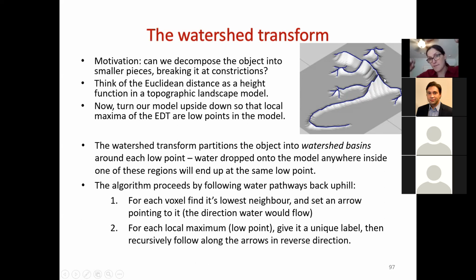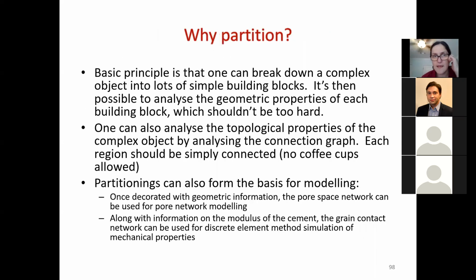If I have competing rolls starting from different peaks, I will basically acquire individual pores. So this is essentially like watershed basins around each point. You could also invert this and look at it literally like a basin, or you could roll the balls from the peak. However you want to visualize this, it works.